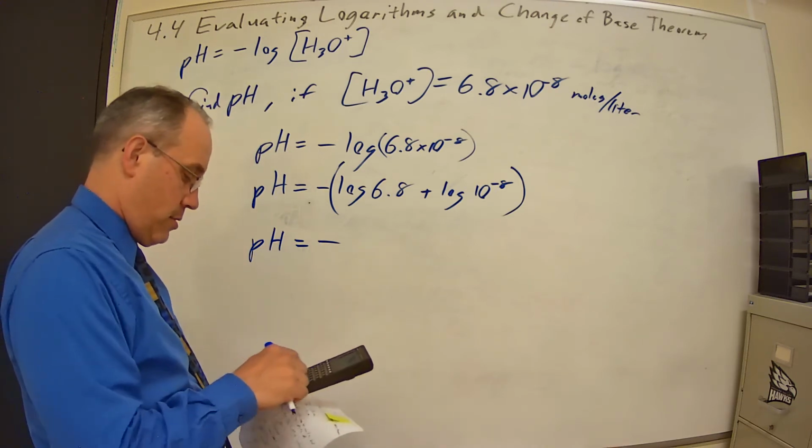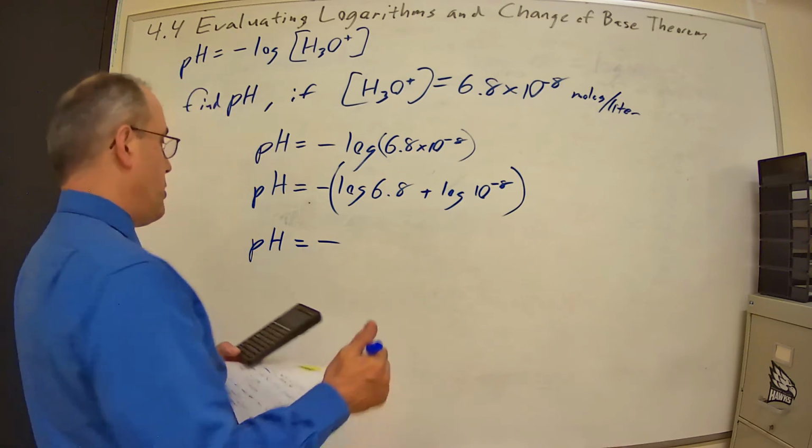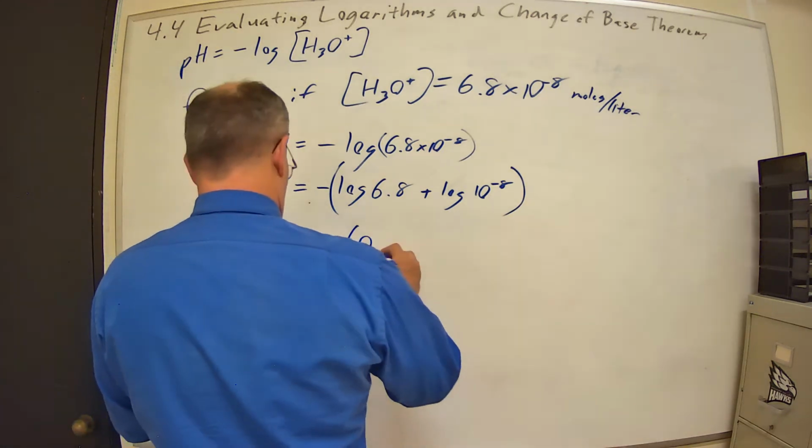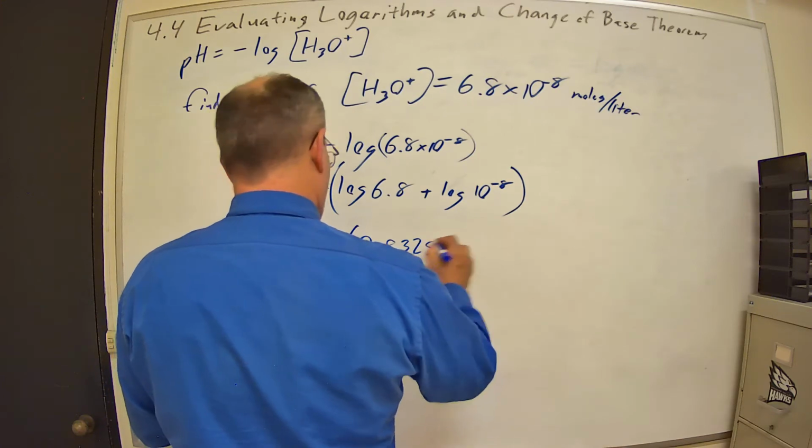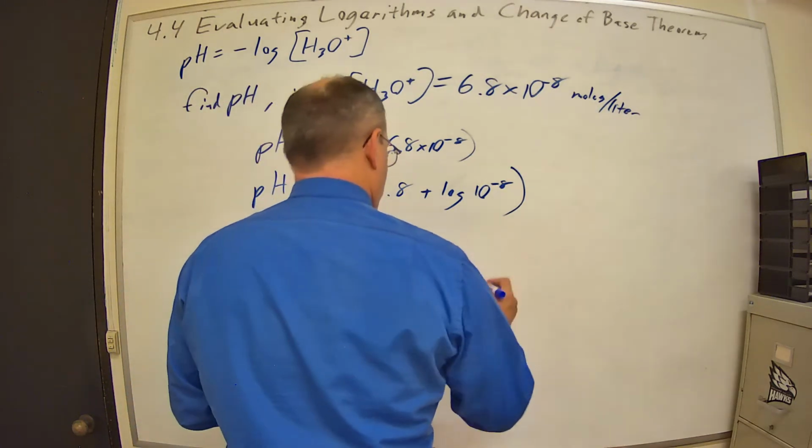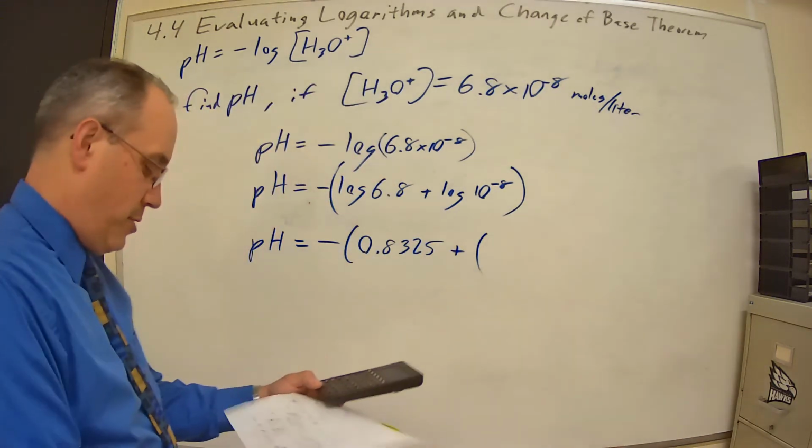6.8 gives me 0.8325, plus, remember we said that becomes negative 8.